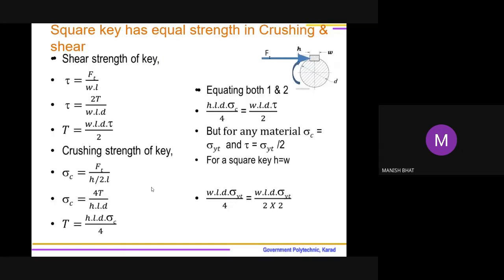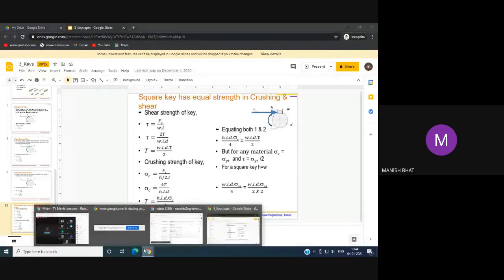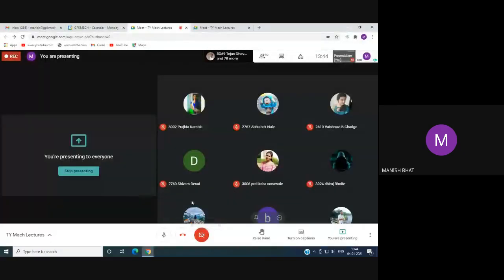When it is square key, what are the empirical relations? W equal to H equal to diameter divided by 4. Okay, so thus it is possible for us to design both keys.